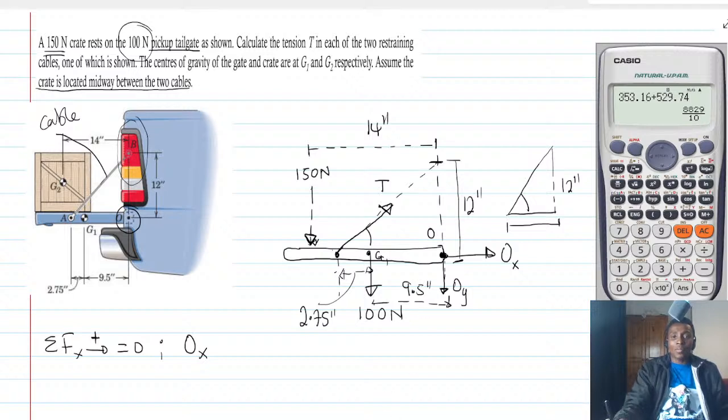Now what is that? So we need to do 2.75 plus what? 9.5. Is that not it? So 2.75. Alright, please, I want you to pick your calculators and let's do this together. Alright, so 2.75 plus 9.5 is actually 12.25.